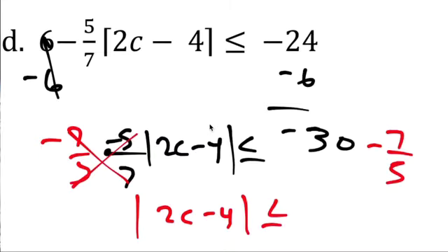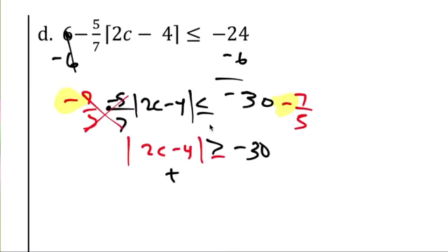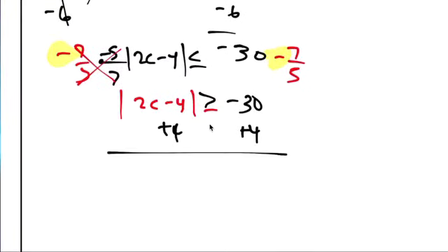Because you multiply by a negative, the inequality changes from a less than to a greater than sign. Add 4. Oh, this is a positive.